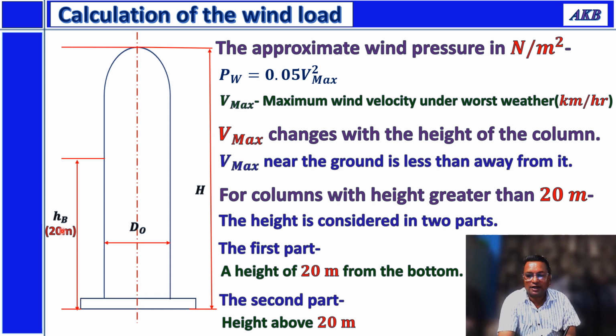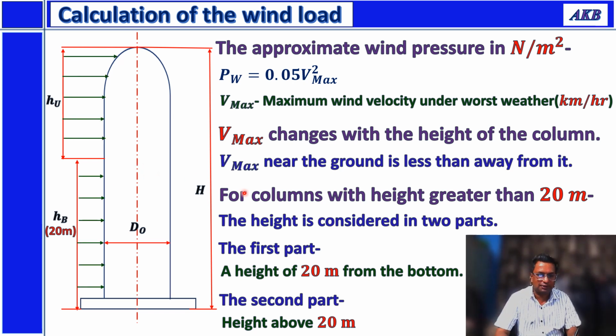Let us denote that height by HB. The other part, that is height above 20 meter, let us denote as HU. So we have understood that if the height of the column is greater than 20 meter, then the height will be considered in two parts. For the first part we consider 20 meter out of the total height, and the remaining height will be the second part.